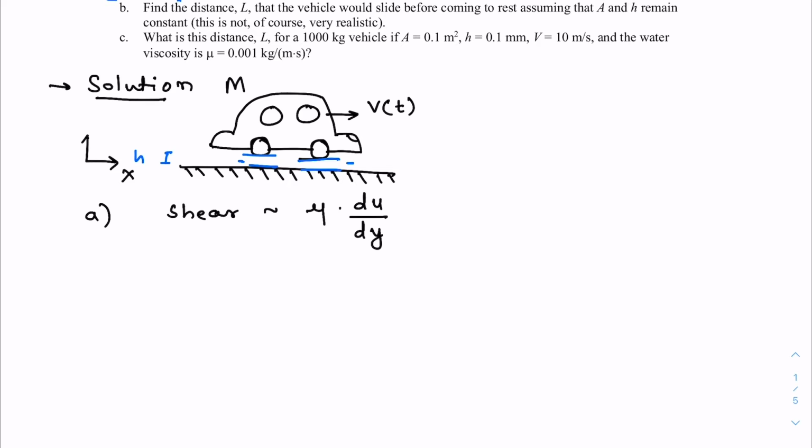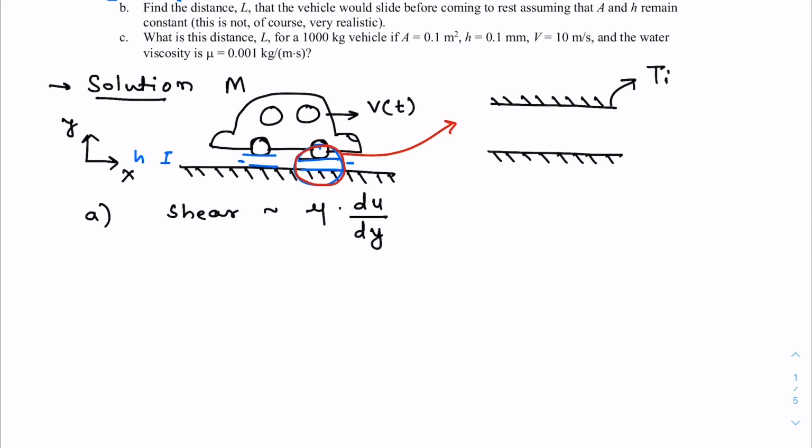Let's say this is my x direction, the vertical direction is y, and if you zoom in on this thin film, what you will find is you have a road, and this is the upper plate, the tire surface, and this is the road. This tire surface is moving forward with the same velocity as the car, v, and the road is stationary.